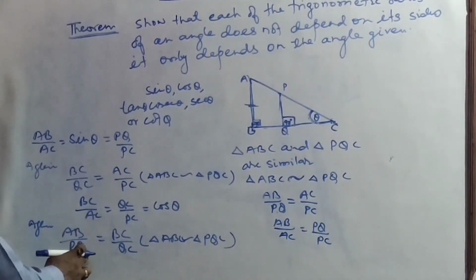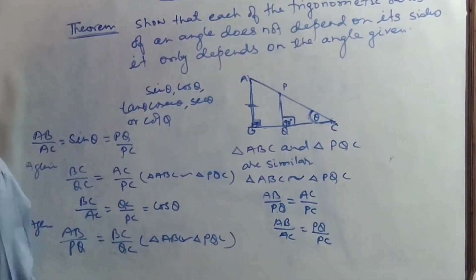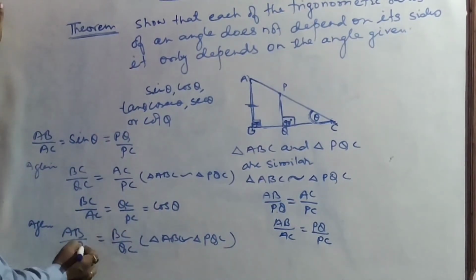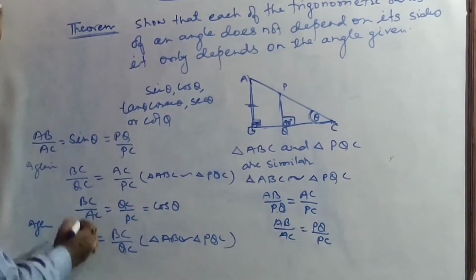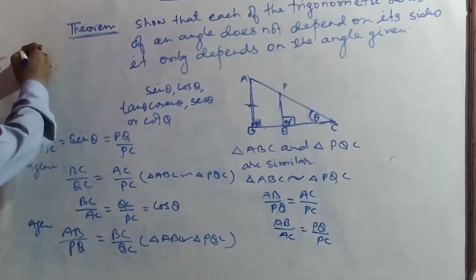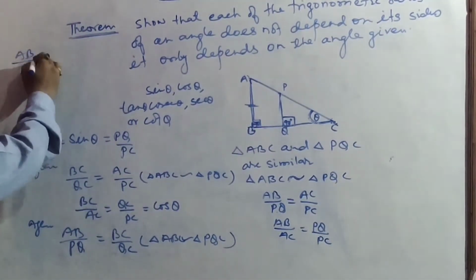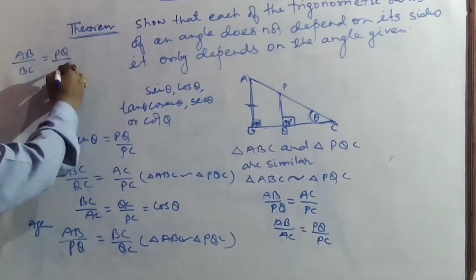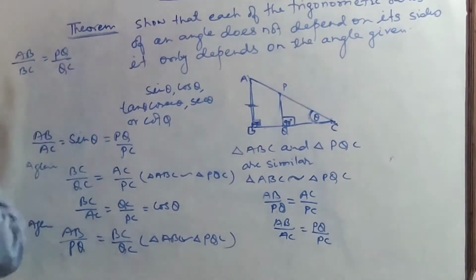In the same way, we can write AB by BC is equal to PQ by QC.